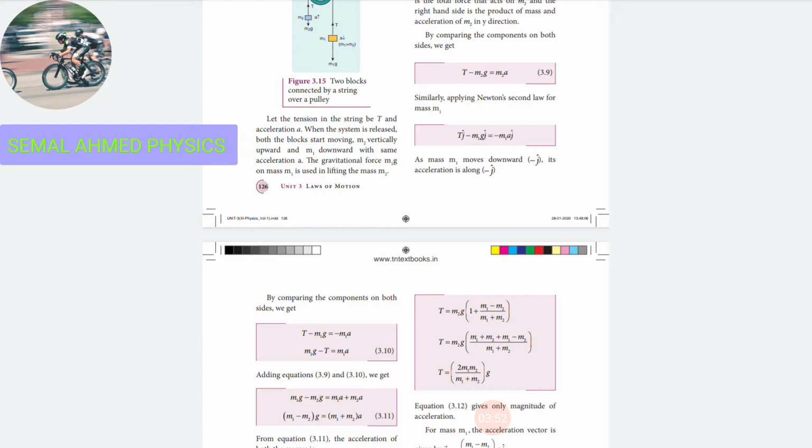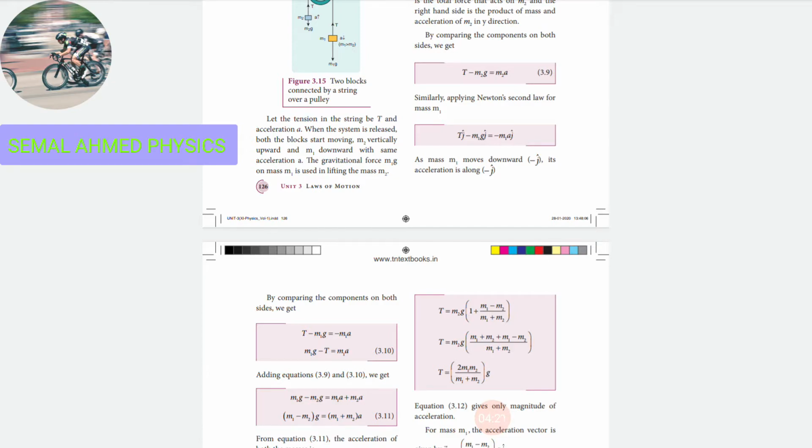The minus sign denotes that m1 moves in the downward direction, so the acceleration comes as minus j because of the y axis downward direction. We know from the graph, below the origin it is negative and above the origin it is positive, so we consider the downward direction as negative, so minus m1a here.